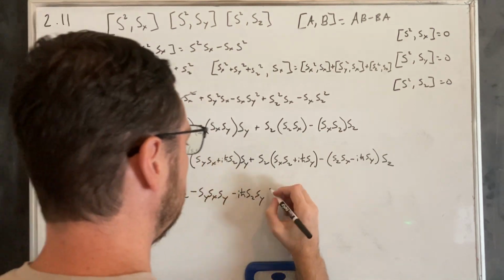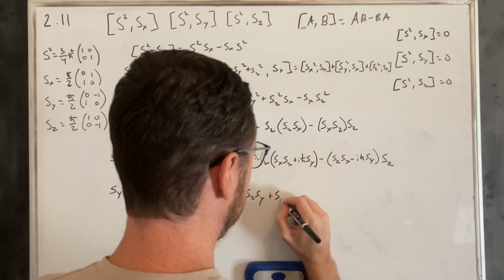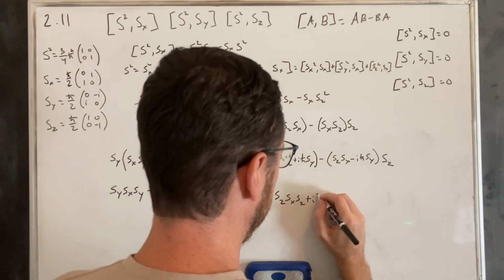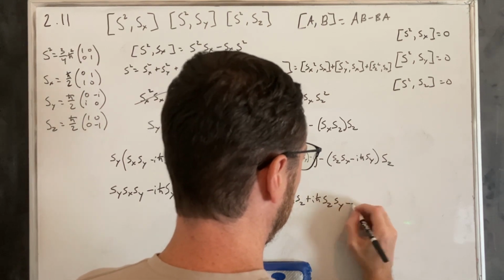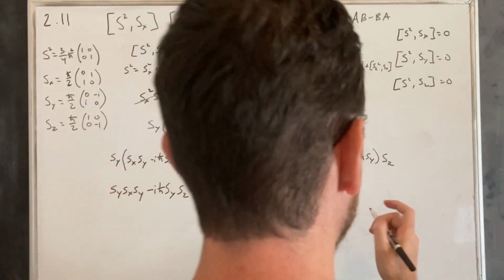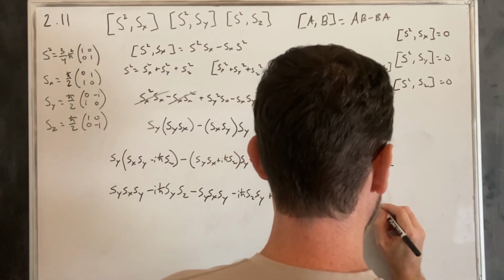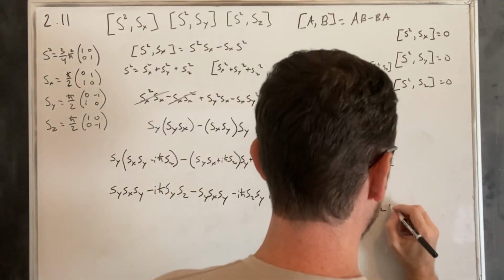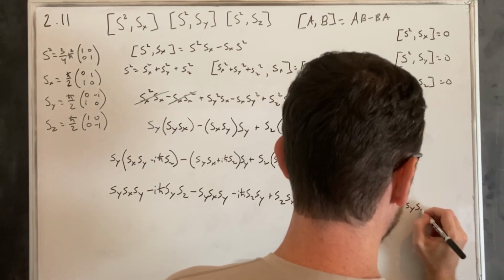All right, so next one is plus. This one goes in the front. Sz Sx Sz plus i h bar Sz Sy minus, this one goes in the back. Sz Sx Sz. The minus distributes, so this is plus i h bar Sy Sz.